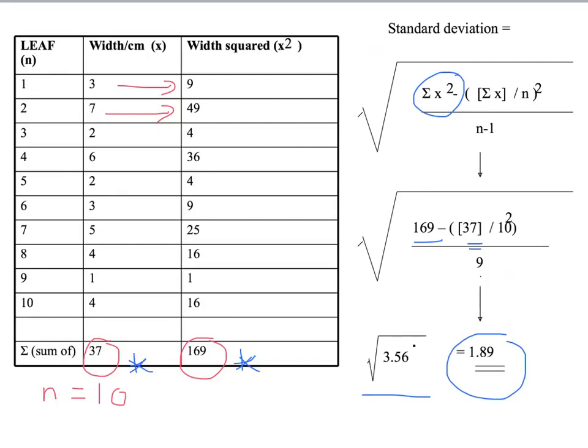Or even if we go back to the beginning, we can say that 68% of all of those widths that we measured would be in the range of plus or minus 1.89 centimetres. So whenever you do a standard deviation calculation, my advice is to lay it out in this table format, because you can't go wrong. You just need the two sum of numbers at the bottom of both columns.